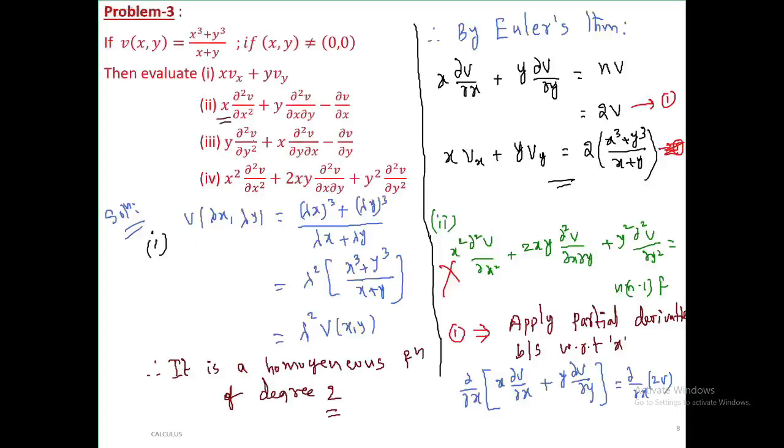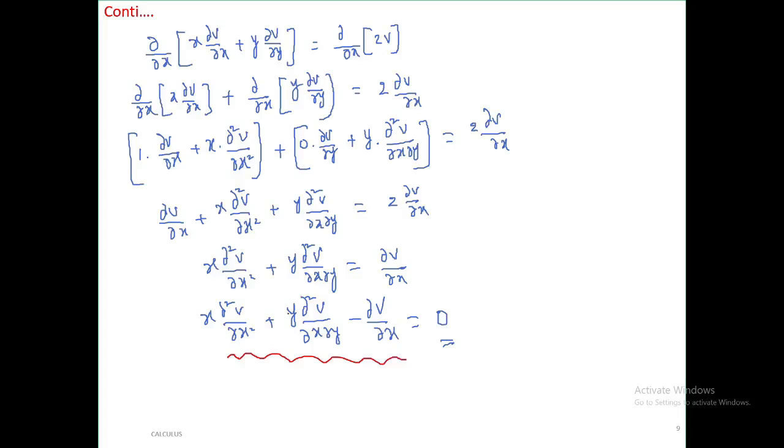Similarly the third question. Look at the third one: y² terms are not present. So again take the same approach, but instead of a partial derivative with respect to x, proceed with a partial derivative with respect to y. For the third question, do the partial derivative on both sides of equation 1 with respect to y.